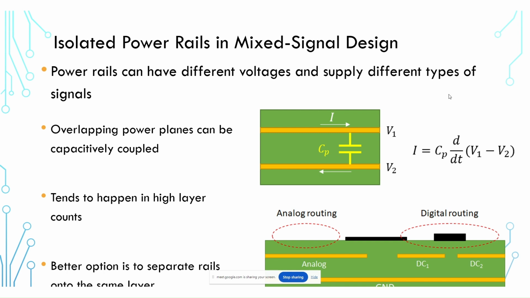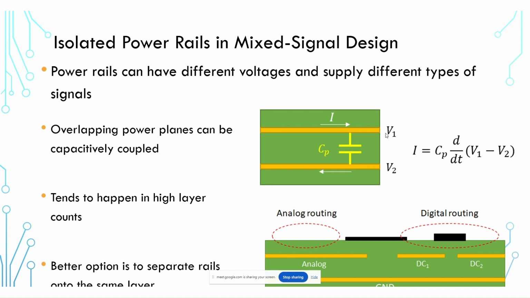The reality is that whether you're dealing with a digital power rail or an analog power rail, they do vary in time. What you see here tends to happen when you get to higher layer counts, or when you need one layer that carries so much current that the only way to get enough copper is to put it on its own layer.